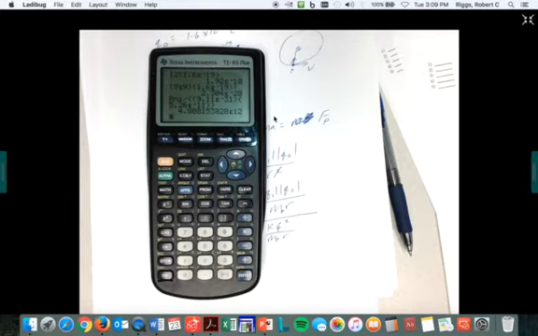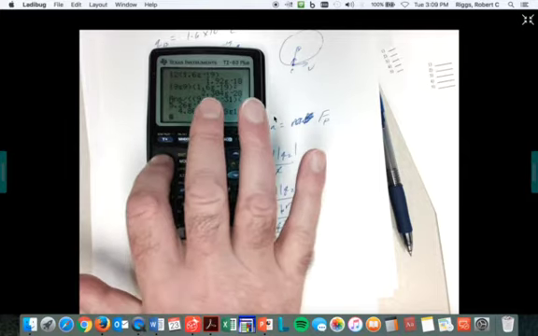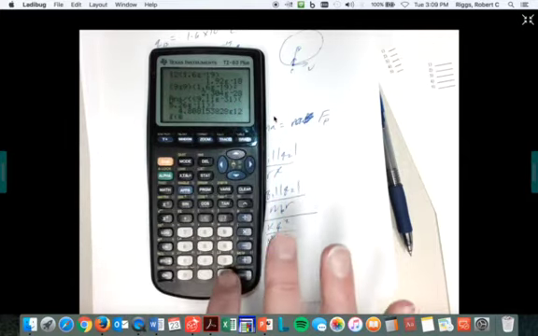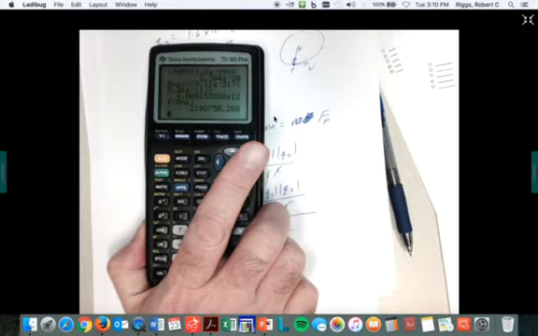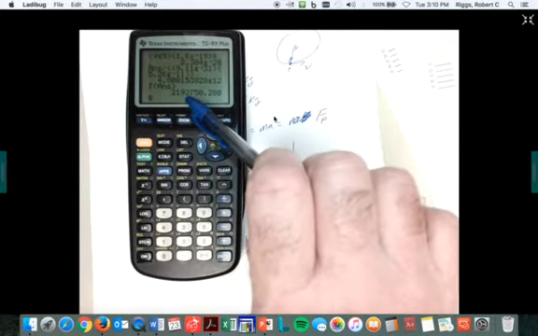But that's in meters squared per second squared. If I take the square root of this thing, second square root, second entry, bang! I get basically 2.2 times 10 to the 6th.